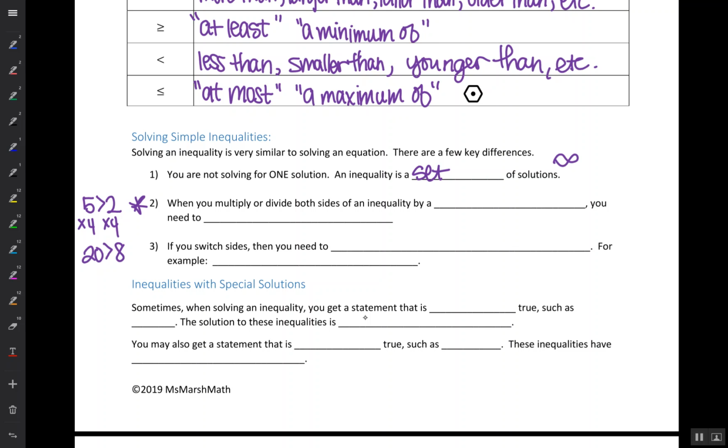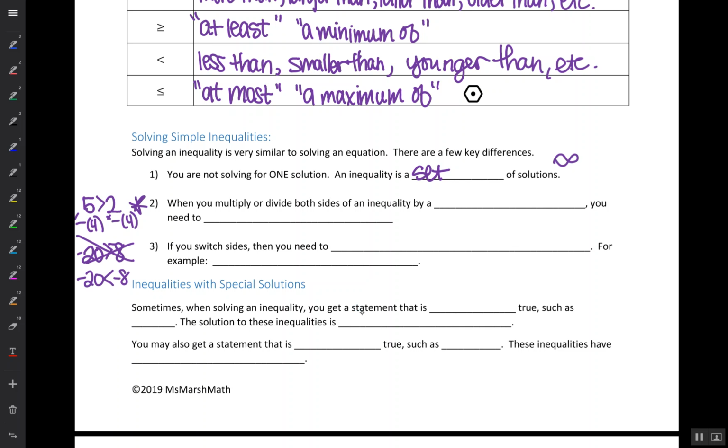What if I multiplied by -4? So I'm multiplying by -4 to both sides. I would get -20 and -8. Is this still true? No, negative numbers don't work the same way as positive numbers. The larger the negative number, the smaller it is. So this is false. Unless I change the symbol around, then it's true.